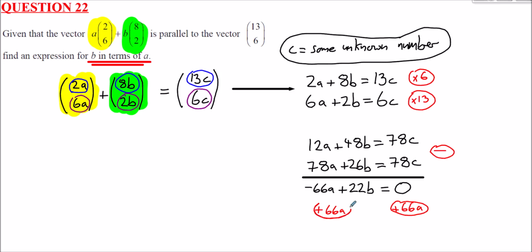This equation will now transform to 22B equals 66A. Finally, dividing through by 22, we see that B must equal 3 lots of A. And that's question 22 complete. Fairly challenging, but it is almost the end of the exam here, which is why the questions are ramping up in difficulty.